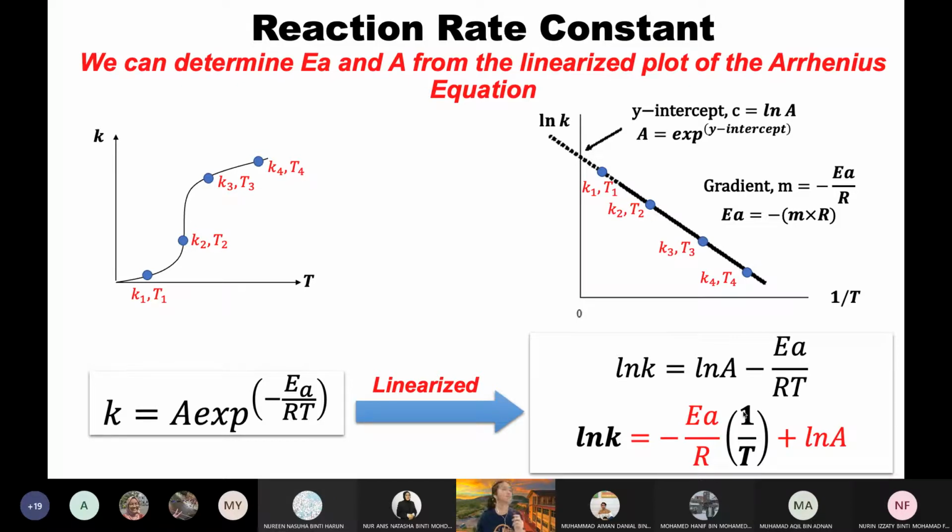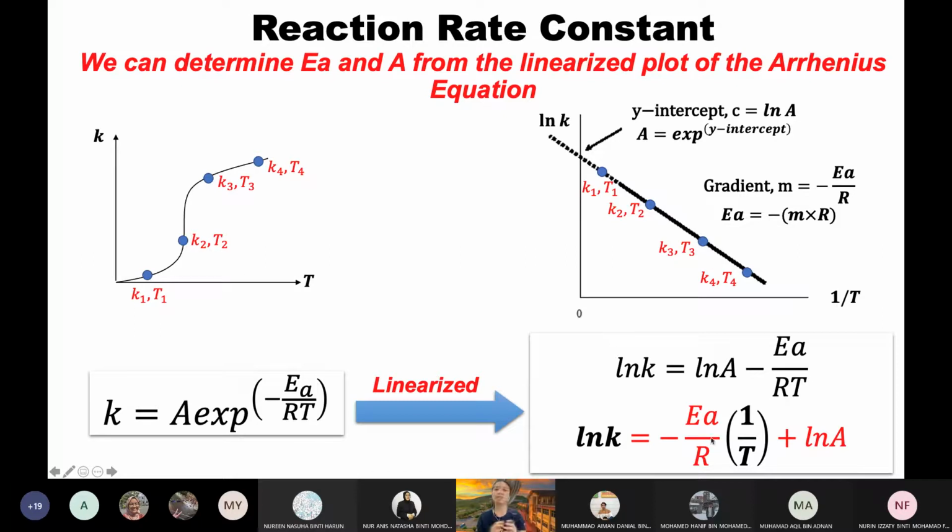So maknanya kalau saya data original saya K1 T1, saya jadikan ln K1, 1 per T1, saya dapat titik yang pertama. Data yang kedua, saya ln K2, 1 per T2, titik kedua, ln K3, 1 per T3, my third point, ln K4, 1 per T4, my fourth point. So this 4 point, I can plot a graph.